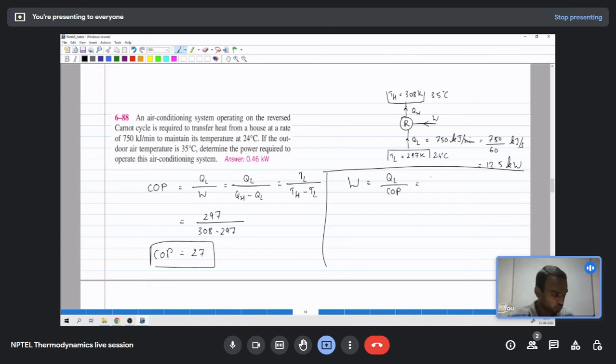QL is given as 12.5 and COP is 27. So we have W as 0.4629 kilowatt. I hope this problem is clear.